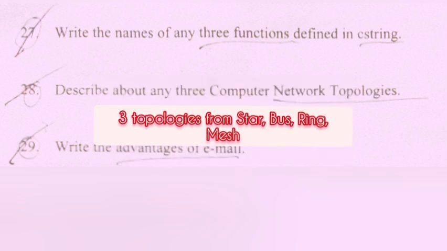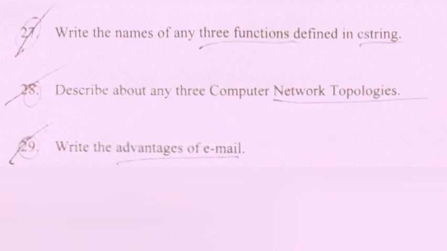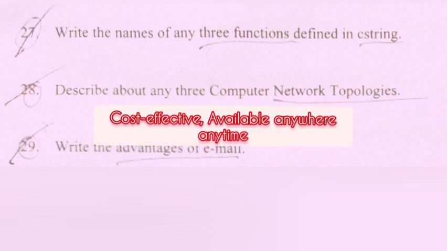Explain any three topologies from star, bus, ring and mesh. 29. Write the advantages of email. Answer: cost effective, available anywhere, anytime, speed, easy to use, environment friendly, reply to any email, provision of attachments.